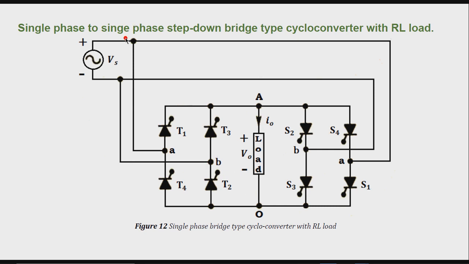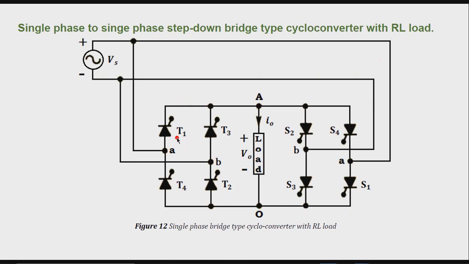Let us assume this point is A, this is B. When A is positive with respect to B, forward biased thyristors T1 and T2 are triggered at omega t equal to alpha. With this, load current I naught starts building up in the positive direction.